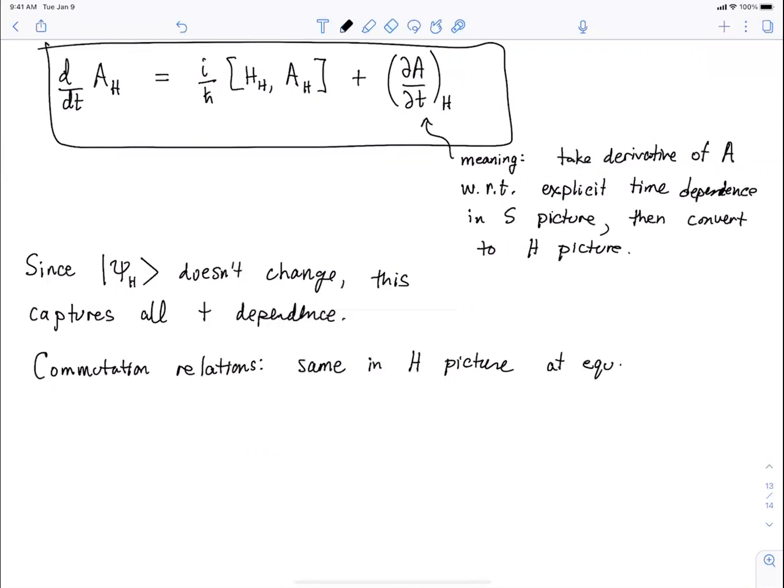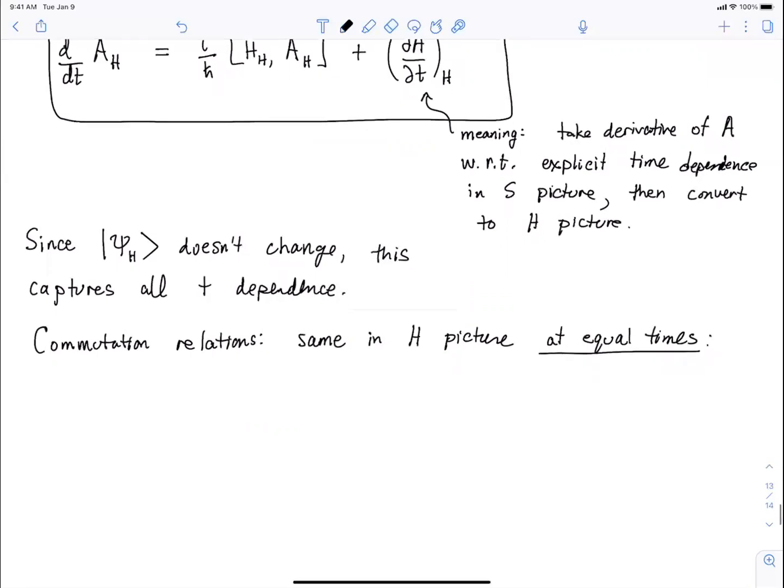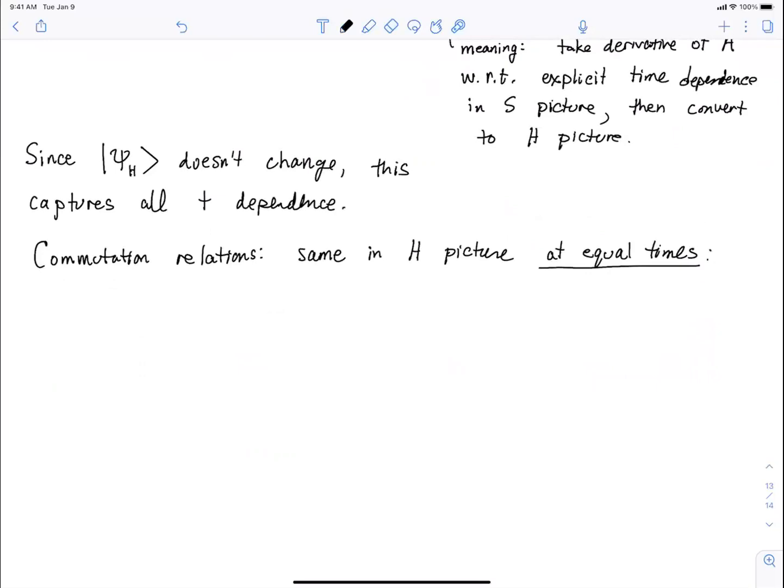It's very important, so I'm going to underline at equal times. And again, this is going to be a short two-line proof. Suppose I have in the Schrodinger picture some commutation relation for two operators A and B. Their commutator is C.